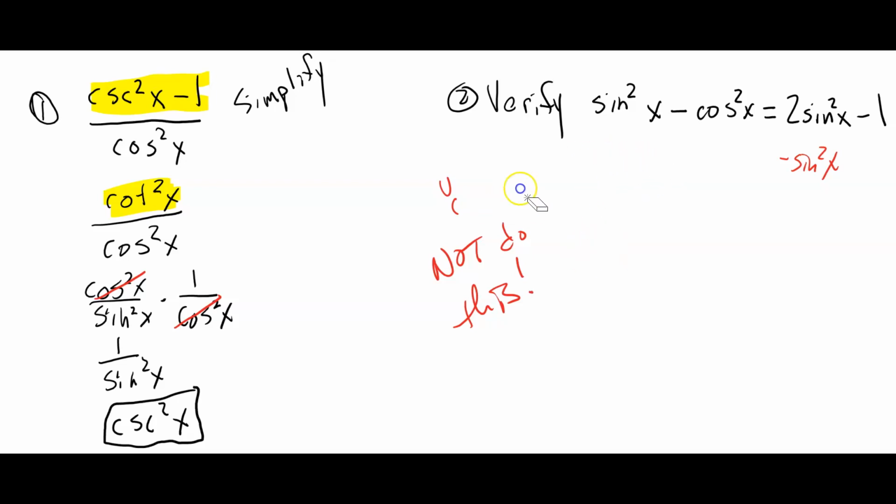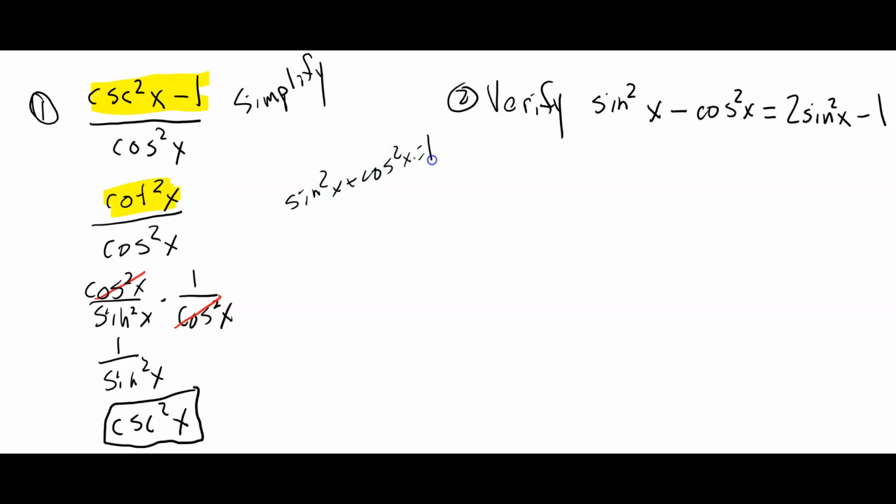All right, so now here's my thought process on this problem. If I'm going to work from the left side, my left side has sines and cosines, but my right side only has sines. So what I'm thinking is, how can I get rid of this cosine squared x? Well, I know that sine squared x plus cosine squared x is equal to 1.